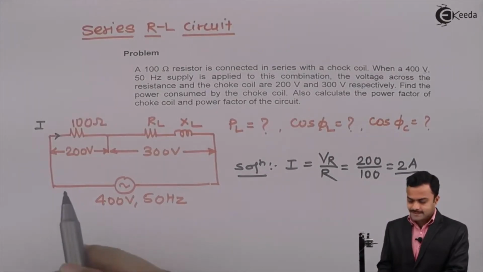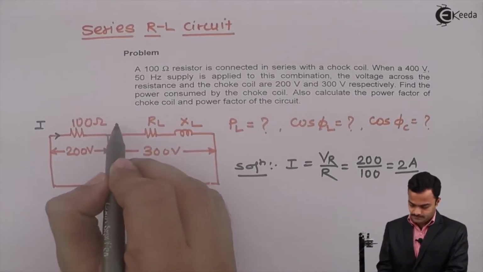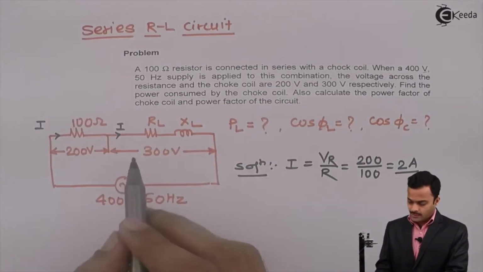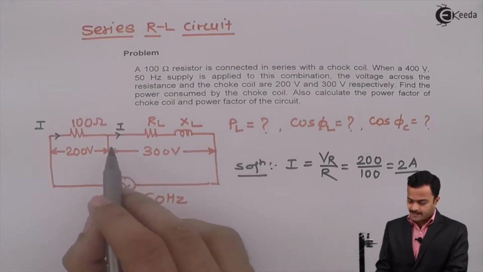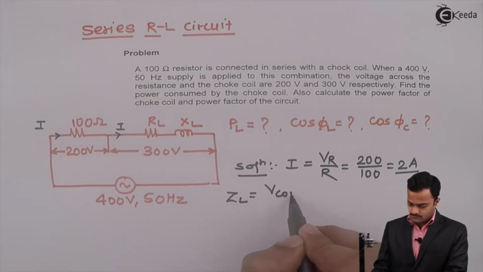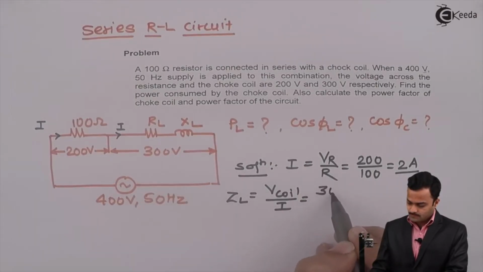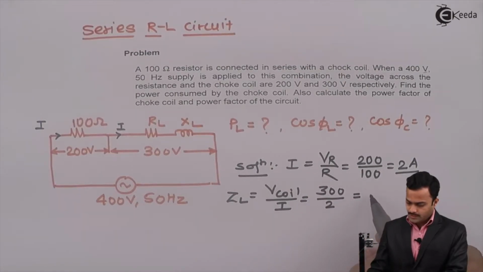Now being a series circuit, same current is flowing through this coil and I know voltage of this coil, I can get impedance for this coil. V coil is 300, I we calculated as 2, so I am getting ZL as 150 ohm.